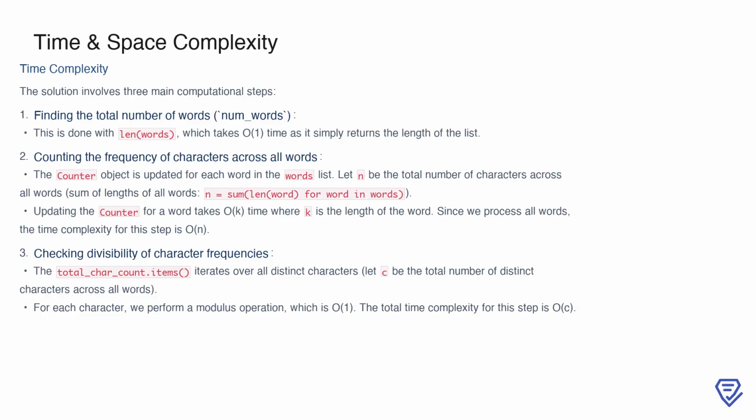Finally, we check if the frequency of each character is divisible by the number of words. Here, we iterate over the distinct characters stored in the counter, performing a modulus operation for each. If C is the number of unique characters, this step takes O(C) time, as each operation is constant time. These 3 steps together form the basis of our time complexity analysis.